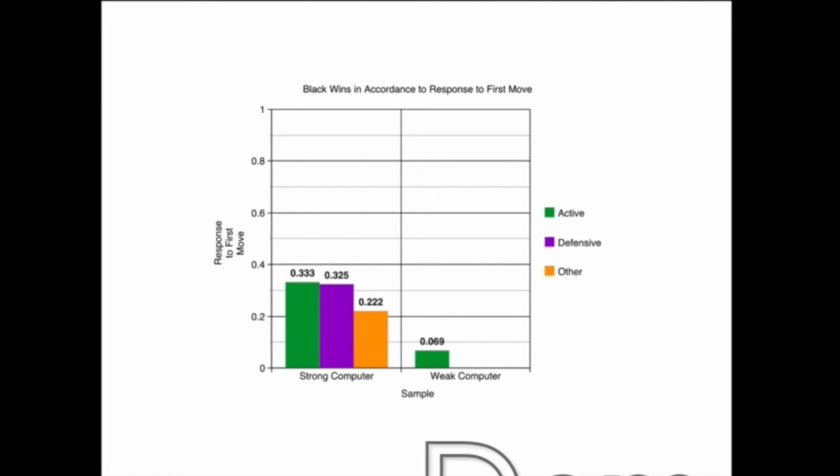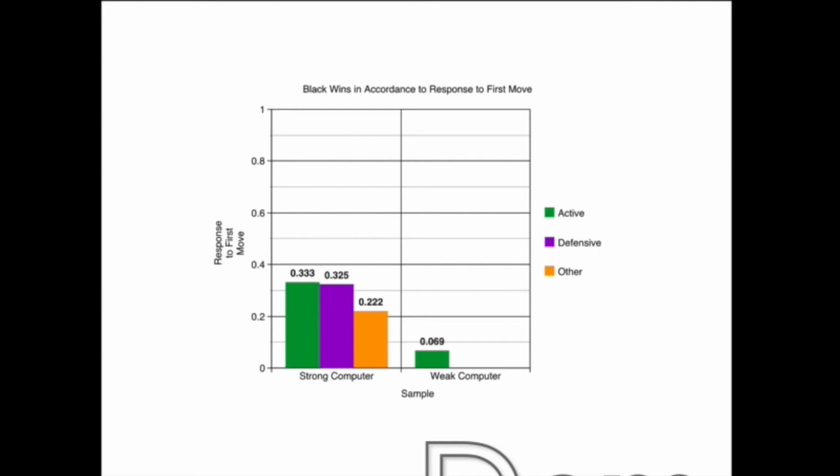This bar graph shows the black wins in accordance to response to first move, so it's similar to the last graph, which was showing white's win rates according to its first move, and now this is the same except for black's response move. As you see, the active and defensive for the strong computer are extremely similar. So you have 0.333 and 0.325, very similar.